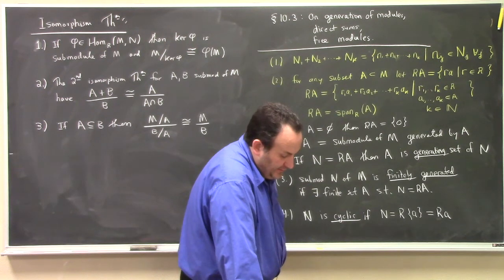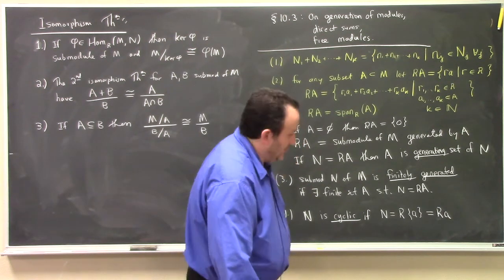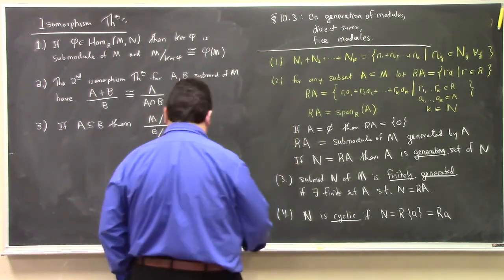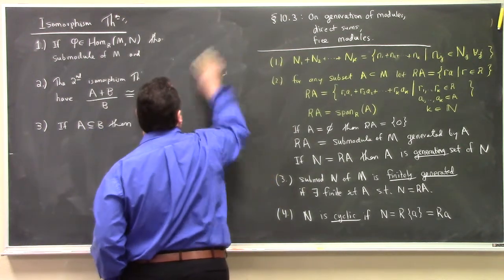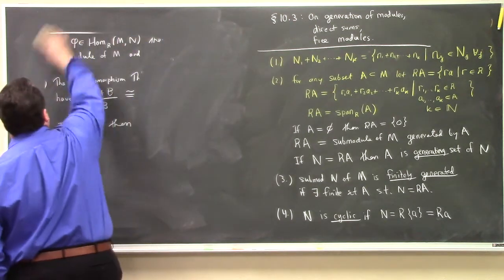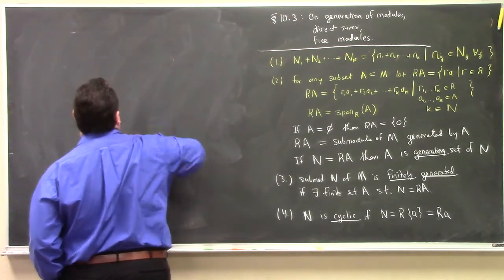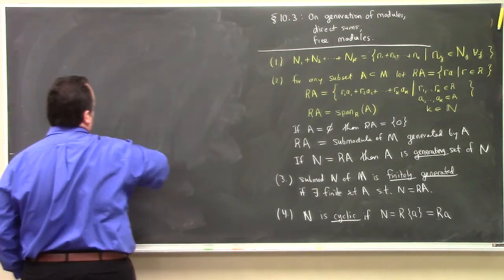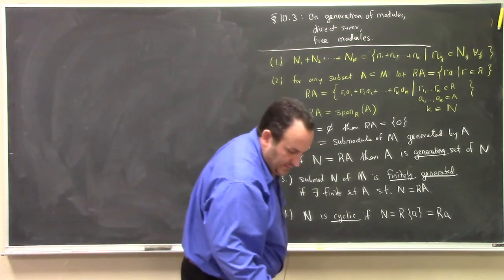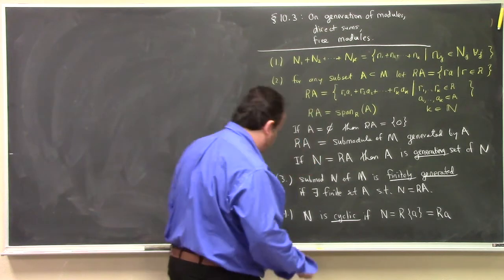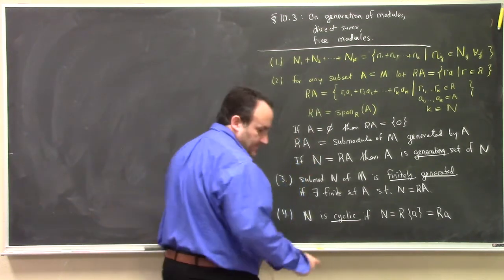Let's see here. Let me erase my isomorphism theorems. Before I get into examples, let me just go ahead and skip over to the direct product definition. All right.